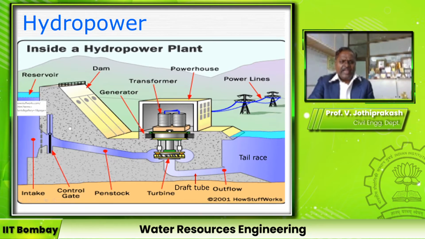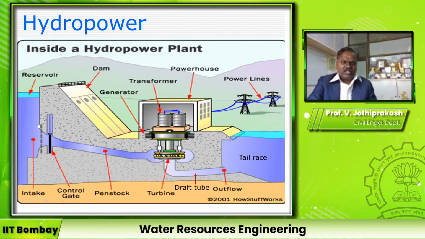We have all seen this dam and then they created a reservoir. When the height of the water created in the reservoir is very large, we construct a special size of pipe with a control gate called a penstock. Penstocks are huge water carrying pipes which carry water from the dam reservoir to the turbine house.